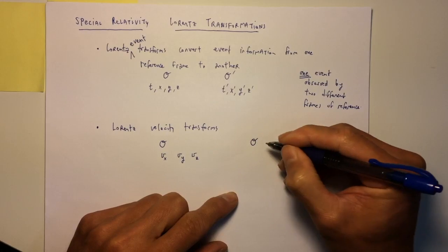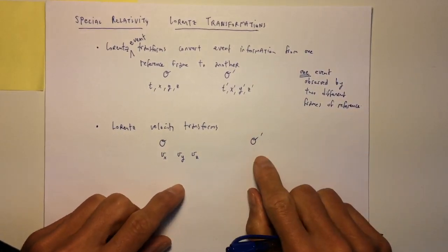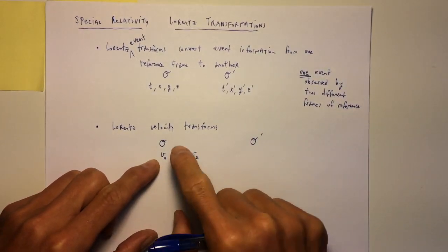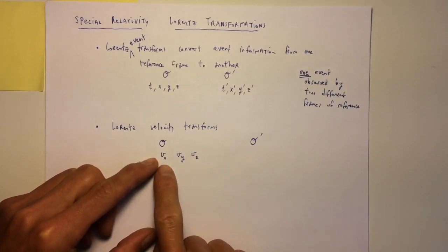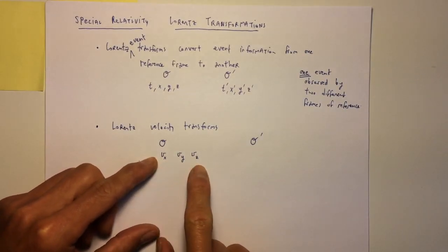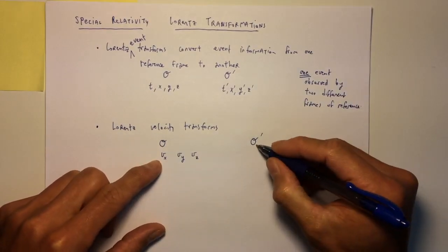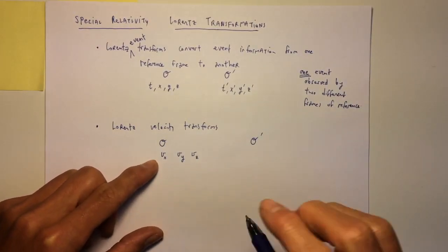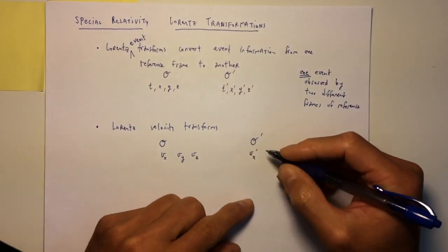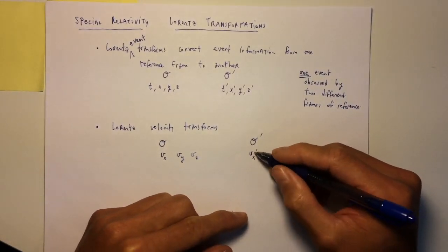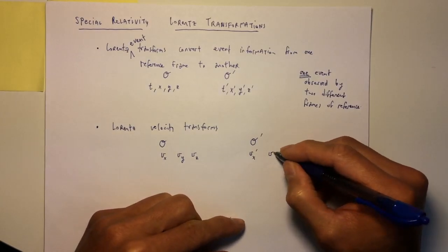And O prime will measure, so let's say O watches a car drive past or a rocket ship traveling through space. O prime watches the very same rocket ship and does not, in general, measure exactly the same speeds in the various directions.